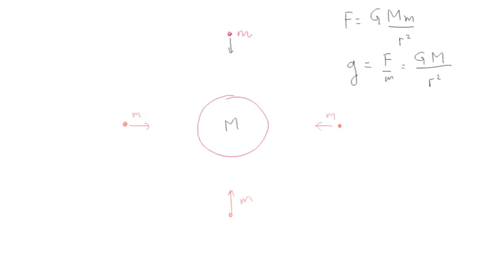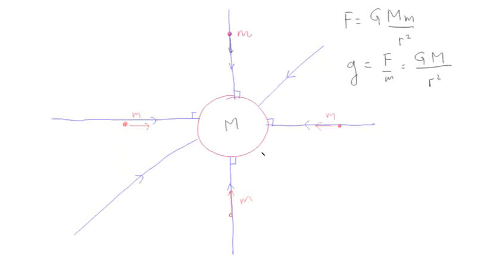So we can invent something called a gravitational field around this big mass M, which shows the direction in which a test mass would travel if put in the vicinity of big mass M. And these are straight lines which are all perpendicular to the surface of this sphere, radiating inwards, and the arrows show the direction.